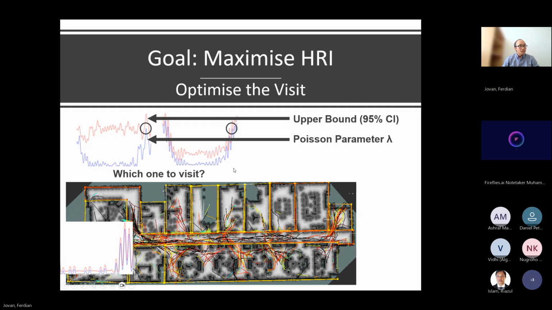We use this red line to choose which one we want to visit. If it's really close, then it's kind of random. But this is where we can use the distribution together with Bayesian theory as an exploration method.